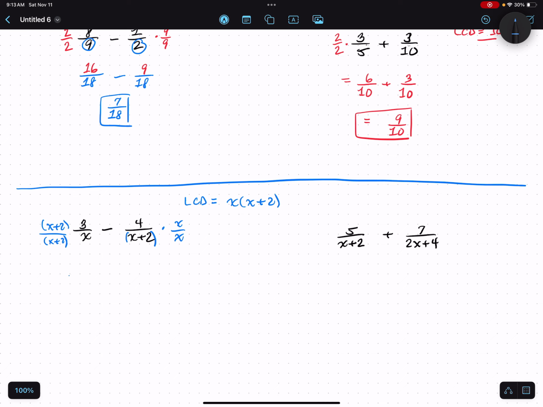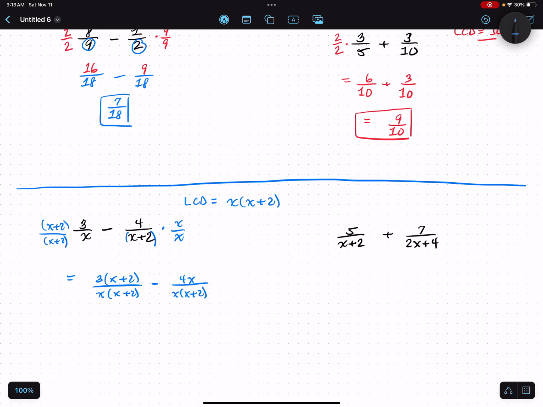Now remember, x plus 2 times x is the same as x times x plus 2. Actually, I'm going to write out another step before I go there. So this is equal to 3 times x plus 2 over, I'm going to write the x first, x plus 2, minus 4x over x times x plus 2.